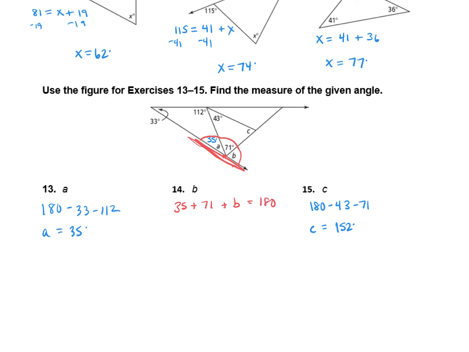That's just our angle addition postulate, where smaller angles add up to the big angle measure. So 35 plus 71, we have 106 plus angle B equals 180. Let's subtract 106 from both sides, and we're getting angle B to equal 74 degrees. And there we have angles A, B, and C.